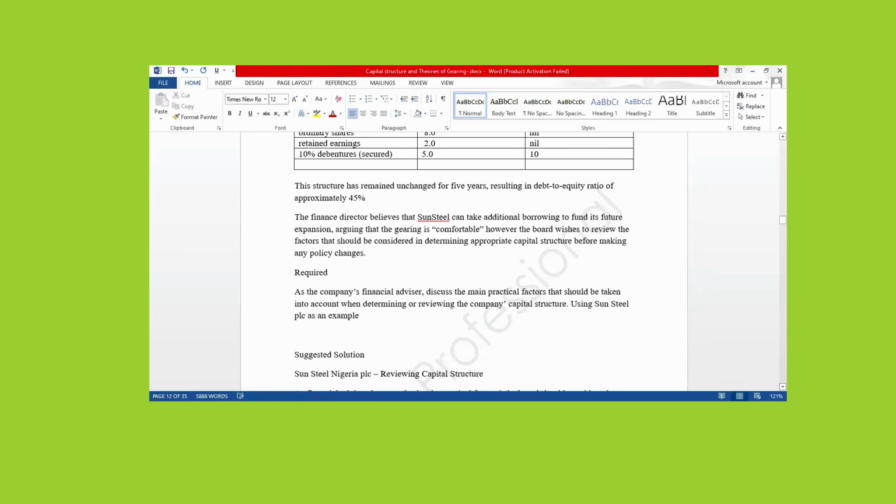Yes. Abiodun. What are the factors that determine a company's capital structure?